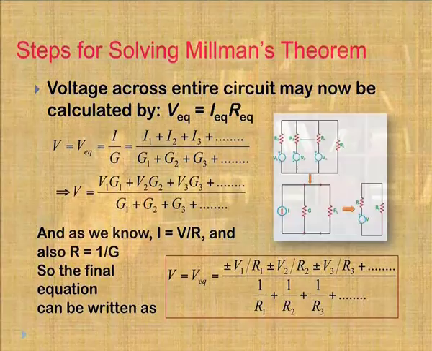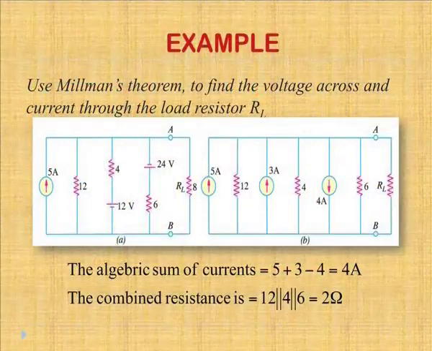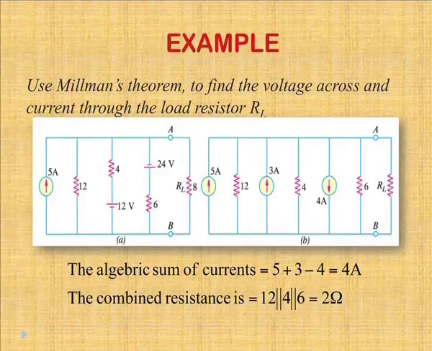By this example, we can understand the use of Millman's theorem. Here we have been given 3 sources, in which one is a current source and 2 are voltage sources. Now, first of all, we will convert the voltage sources into current sources as shown in figure B, and finally, we get the single current by adding them. So, we get the value of current as 4 ampere.